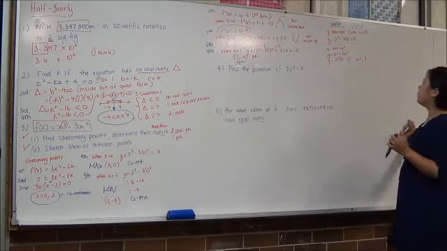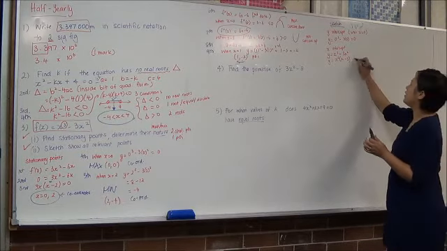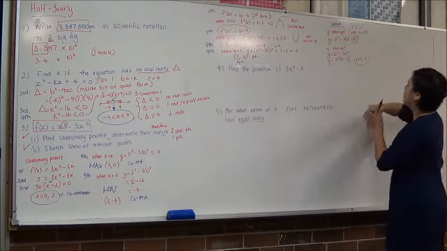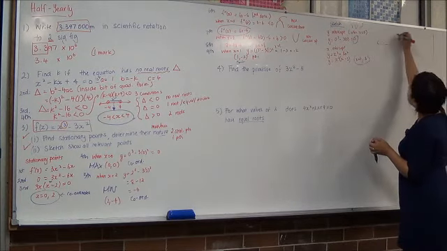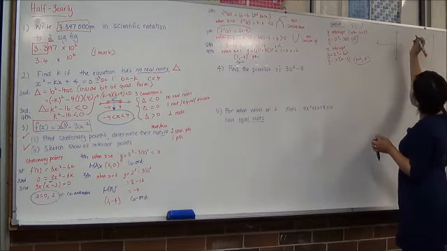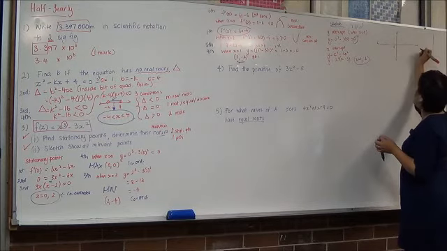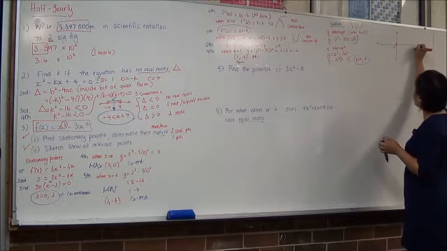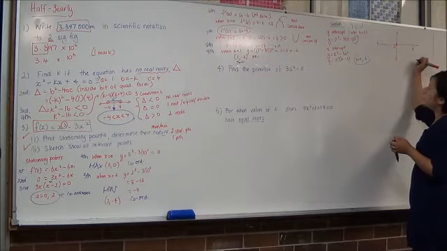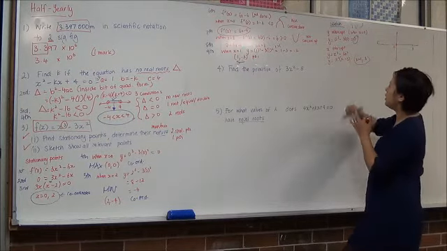So what would this look like? This is the x-intercept, and this is the y-intercept. The graph cuts at 0 and cuts at 3. We call this part here a double root.